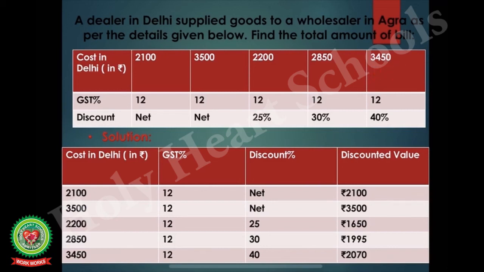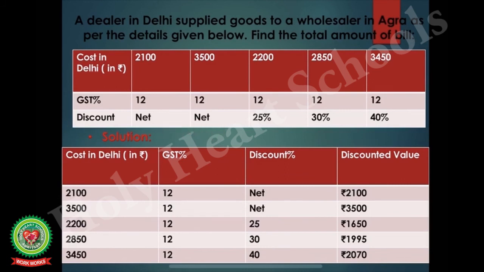And the rate of GST for all these are 12% each, and the rates of discount are given as net, 25%, 30% and 40%. Now students, here the word net means no discount.